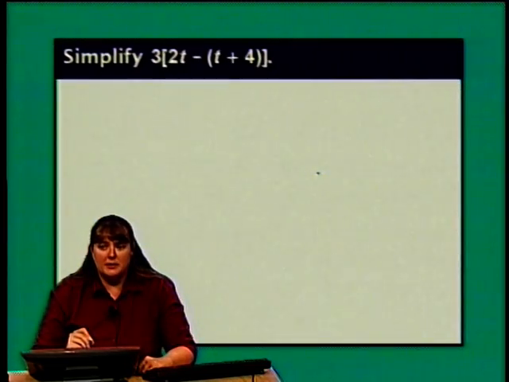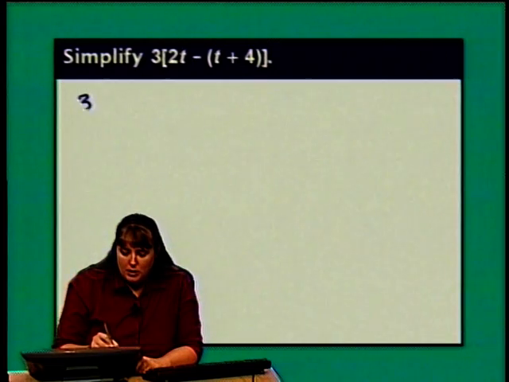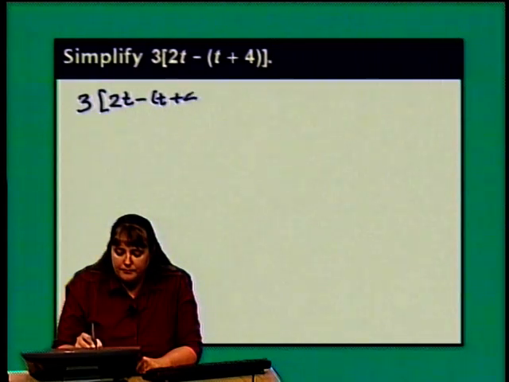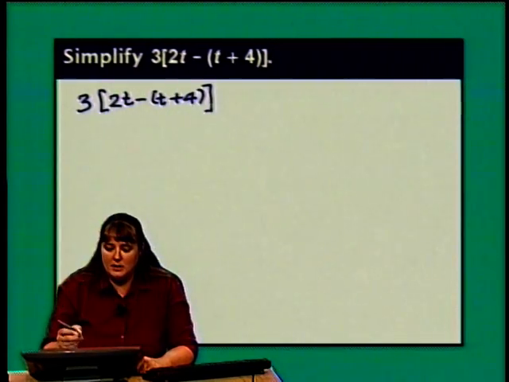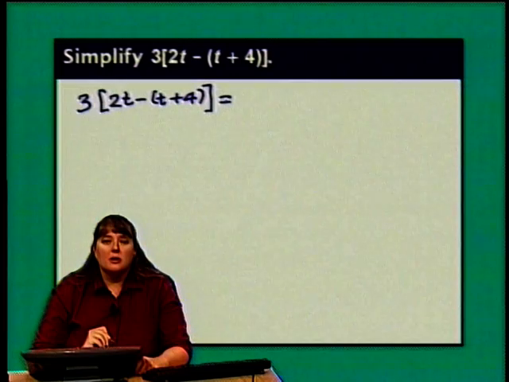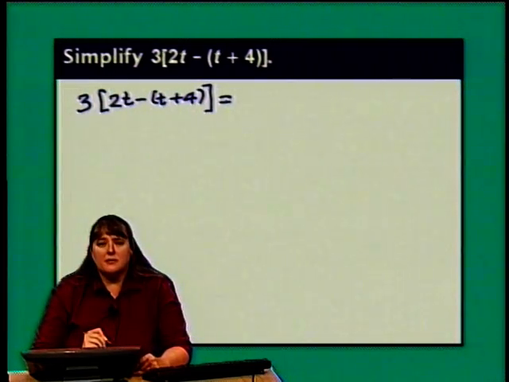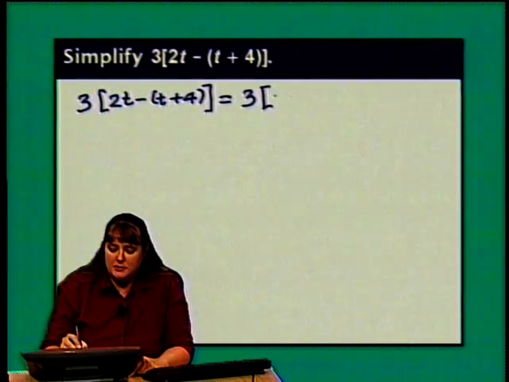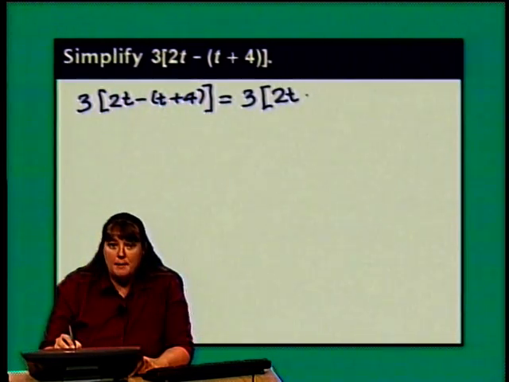Here's another problem with nested grouping symbols. 3 times the quantity 2t minus the quantity t plus 4. This time, looking at my innermost set of grouping symbols, the first thing I'm going to need to do is distribute the negative through the parentheses. So I have 3 times 2t minus t minus 4.